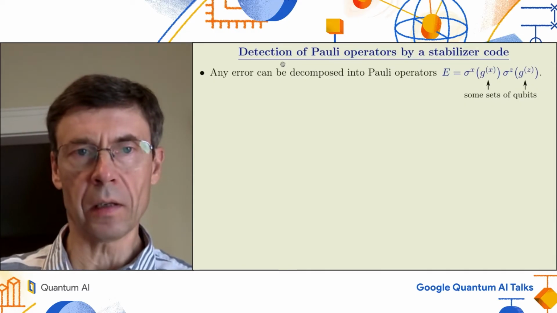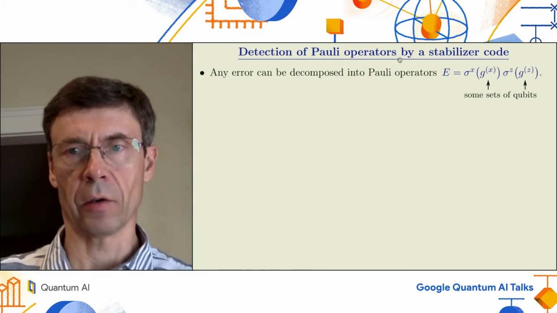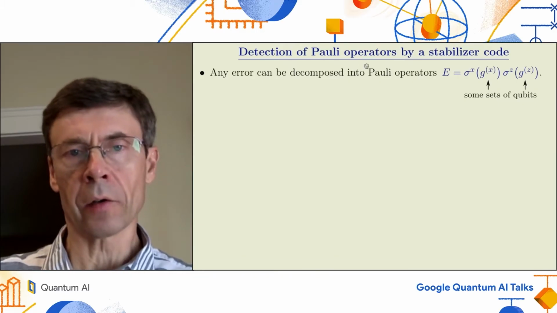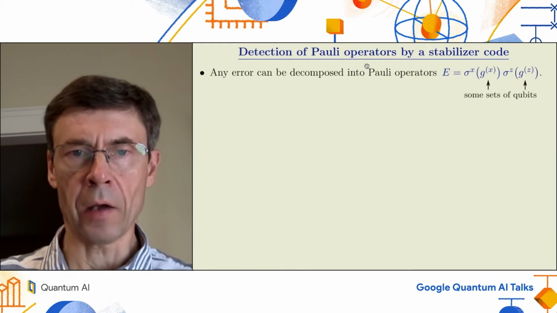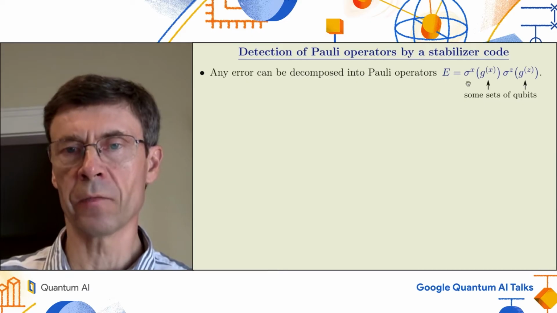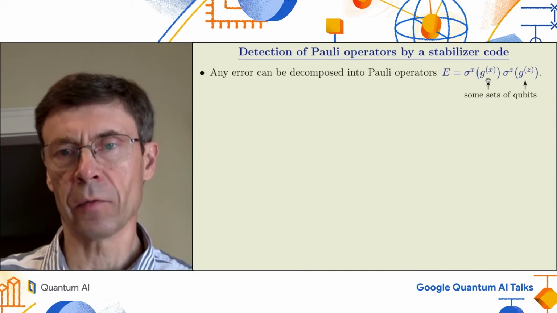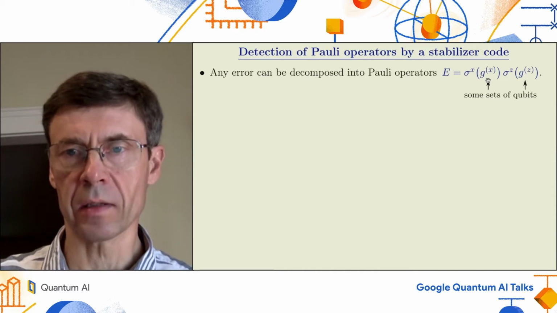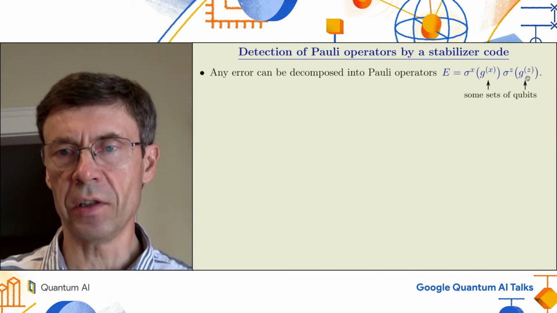Now, let's consider the detection of Pauli operators by a general stabilizer code. Any error can be decomposed into Pauli operators. An error can be represented as a sum of Pauli operators of this form. It's sigma X acting on some set of qubits Jx times sigma Z acting on some set of qubits Jz.